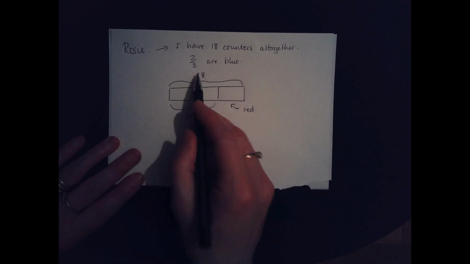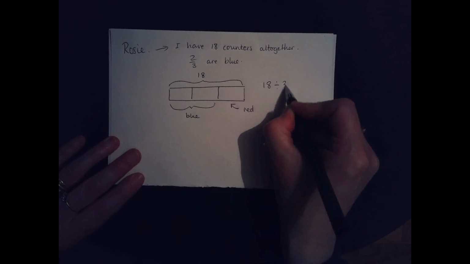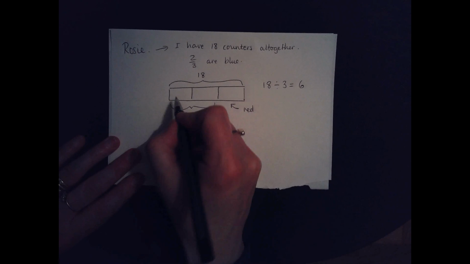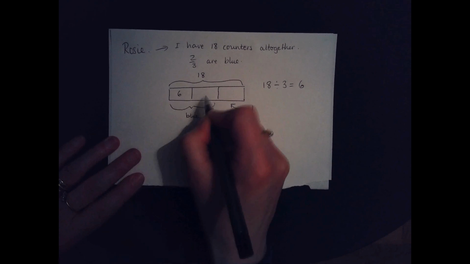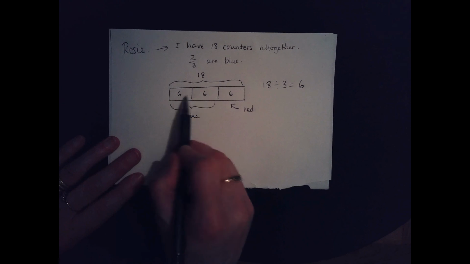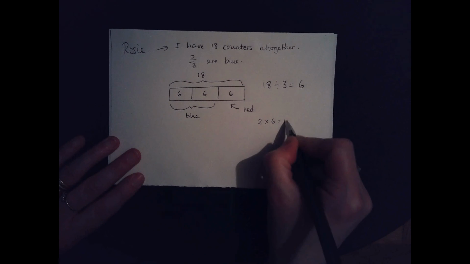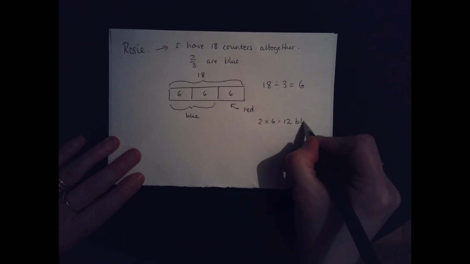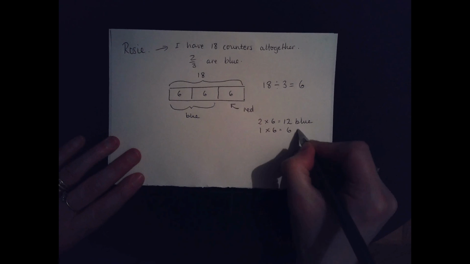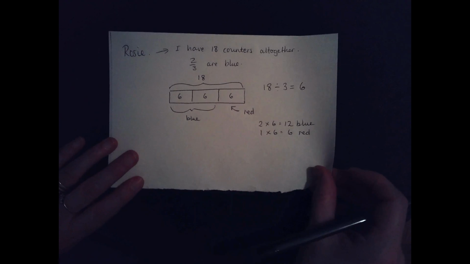Okay, so I need to do total amount divided by the denominator, which equals 6. That will find me 1/3. So there's a 6 in each of those parts. 2 times 6 is 12. So 12 are blue. And 1 times 6 is 6. So 6 are red. Okay, so I've worked that part out.